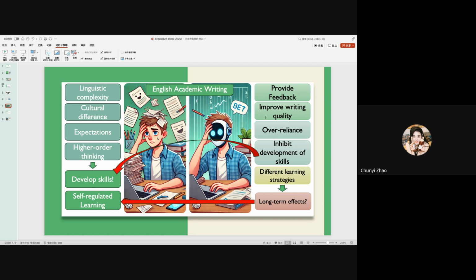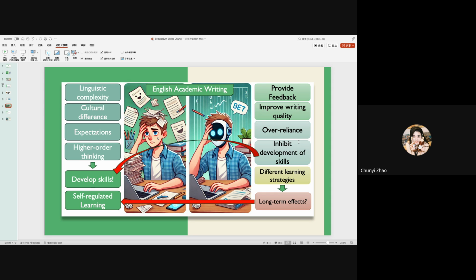However, we can still get some negative influence, like over-reliance. Some students may cheat in writing. They just give the title to the chatbots, and the AI tools give them an article or a paragraph as feedback. So they don't read any articles and don't write by themselves.